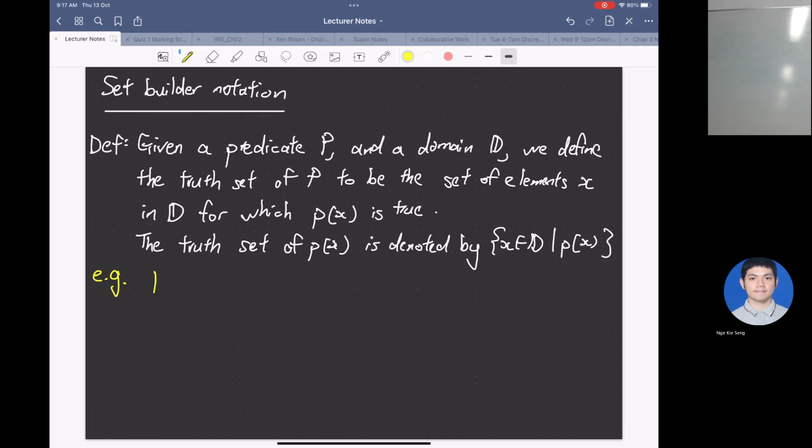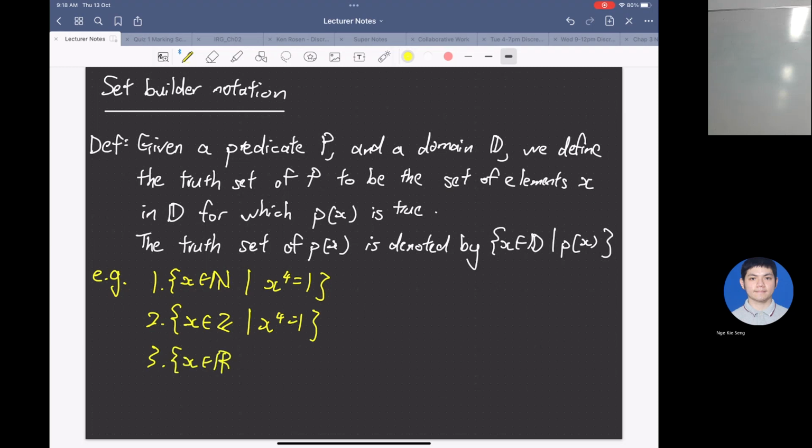Let's say I study the same predicate, x to the power 4 equals 1, in different domains: the natural numbers, integers, real numbers, and the complex numbers. The predicate hasn't changed, but the domain has. Let's see what set is represented here.